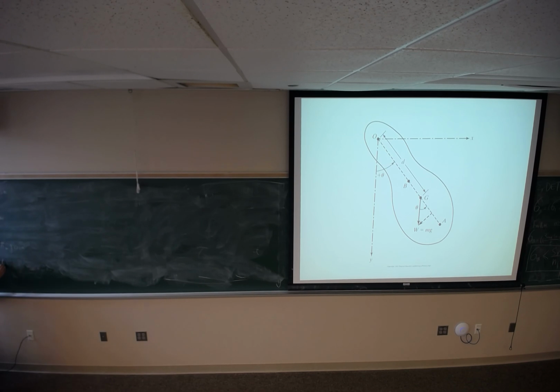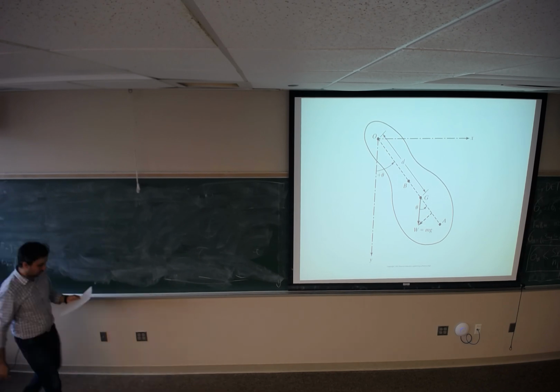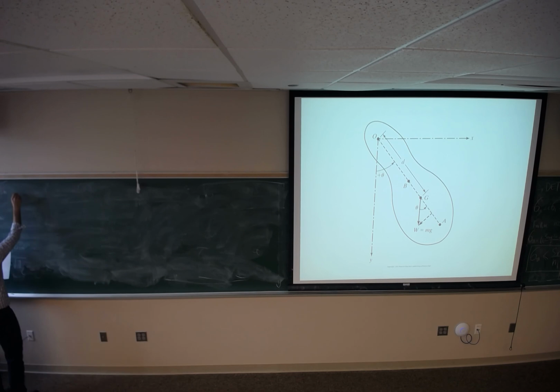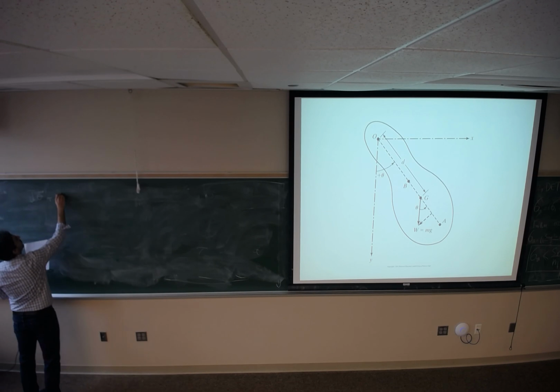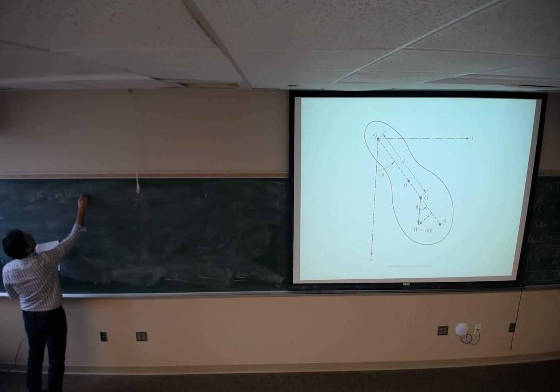And omega n is gonna be square root of G over L. For this, it's gonna be J naught theta double dot plus mgd theta equals to 0.